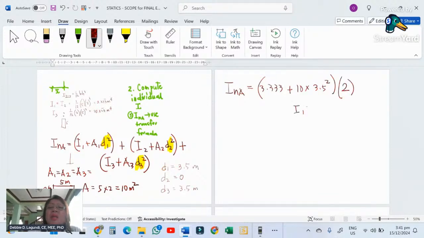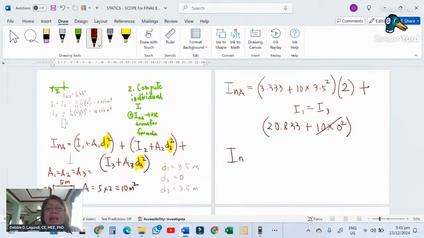Okay, I1 is equal to I3 about the neutral axis plus our I2, wherein I2 is 20.833, plus the area, they have the same area 10, times its distance 0 squared. Ad squared is the formula. So when that is 0, 10 times 0 squared, that will be 0. You only have 20.833 remaining.